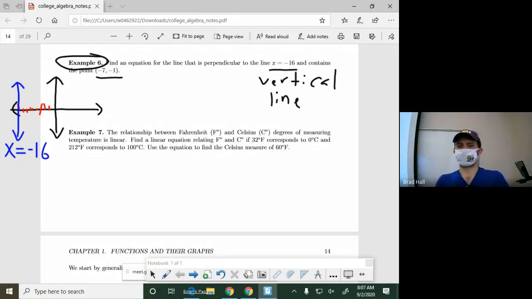But we don't just draw, because we can draw a horizontal line in a whole bunch of different places on this graph. That's why they gave us the point. By them giving us the point, now we know that the horizontal line has to pass through that point.